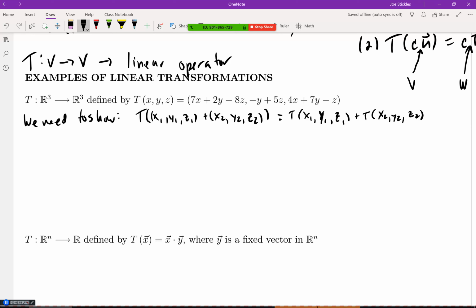So if I take the transformation applied to the sum of the two vectors, that's the same as the sum of the transformation applied to each individual vector. That's one property we have to show. The second one, of course, is the scalar idea.